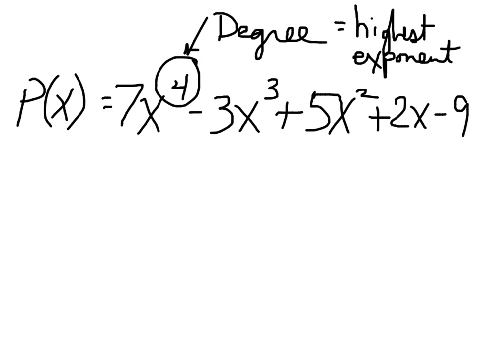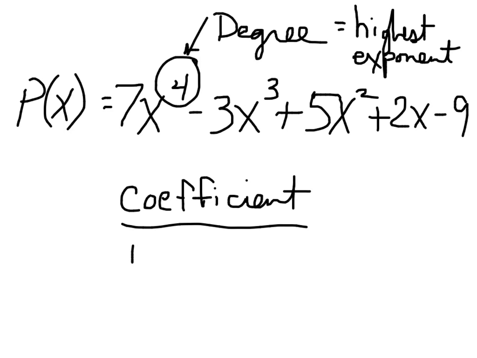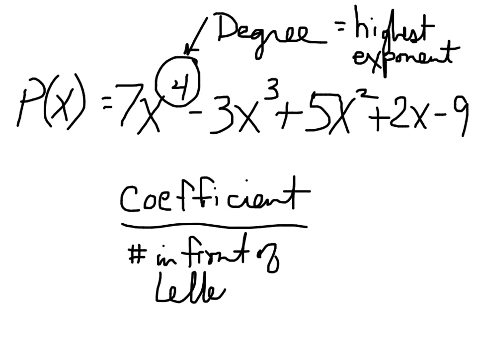Okay. The next term you're going to hear me use is coefficient. Coefficient means the number in front of a letter. So the 7 is a coefficient, negative 3 is a coefficient, 5 is a coefficient, and 2 is a coefficient.